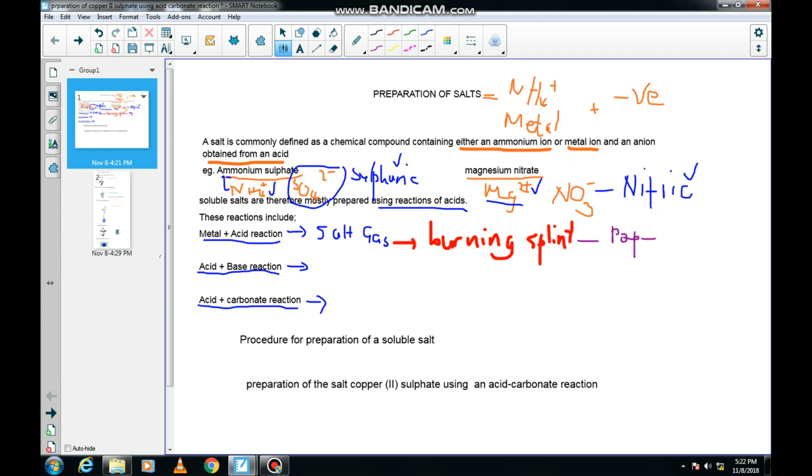That pop sound indicates that the gas is hydrogen. Therefore, we conclude that metals and acid react together to produce hydrogen gas.